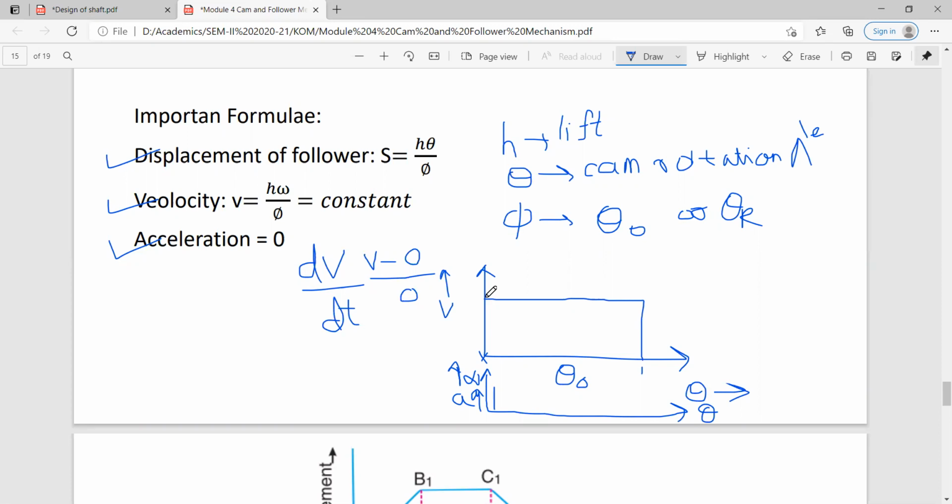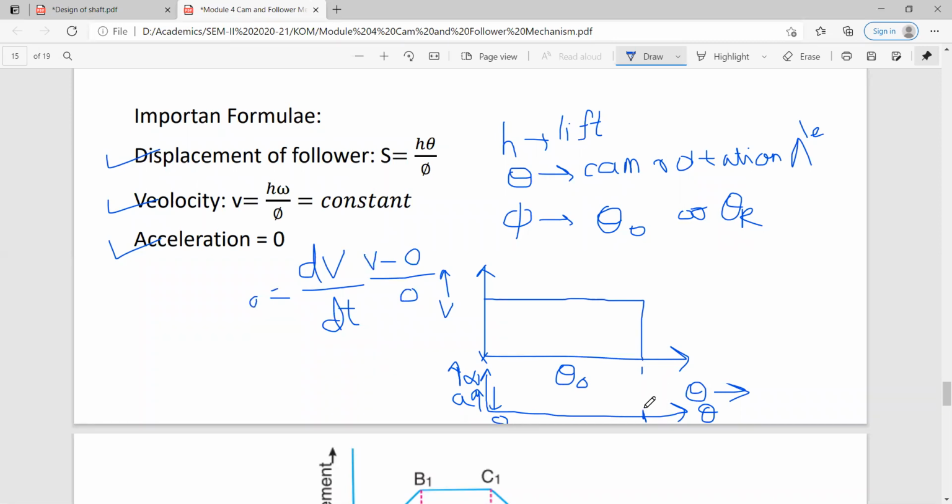After that the velocity becomes constant, which means there is no change in velocity. So acceleration will become zero at the same moment. It will be like this: its value will come down from infinity to zero, and then acceleration will remain zero till this point.